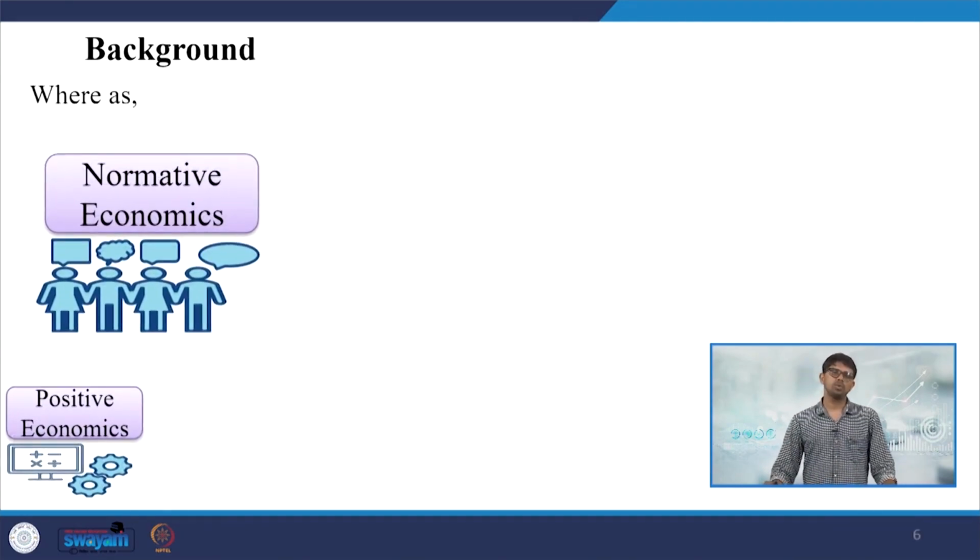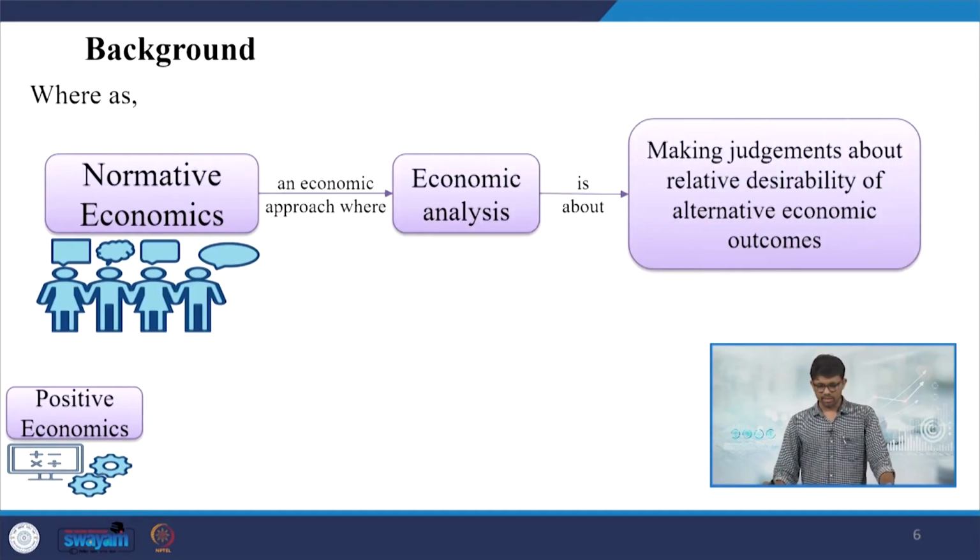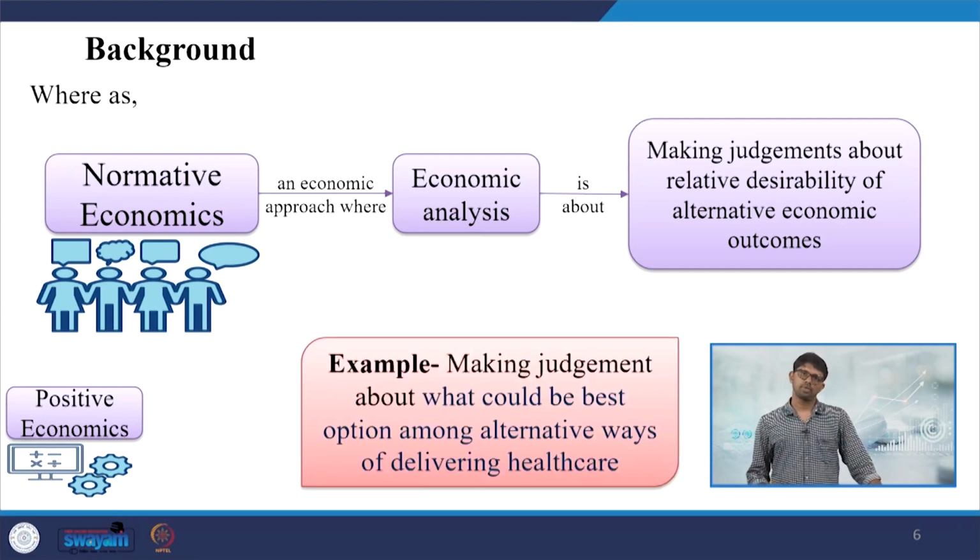Now we need to clarify normative economics. That's part of our economic analysis, and usually it clarifies the judgments. In this case, we usually explain making judgments about the relative desirability of alternative economic outcomes, like making judgments about what could be the best option among alternative ways of delivering healthcare.